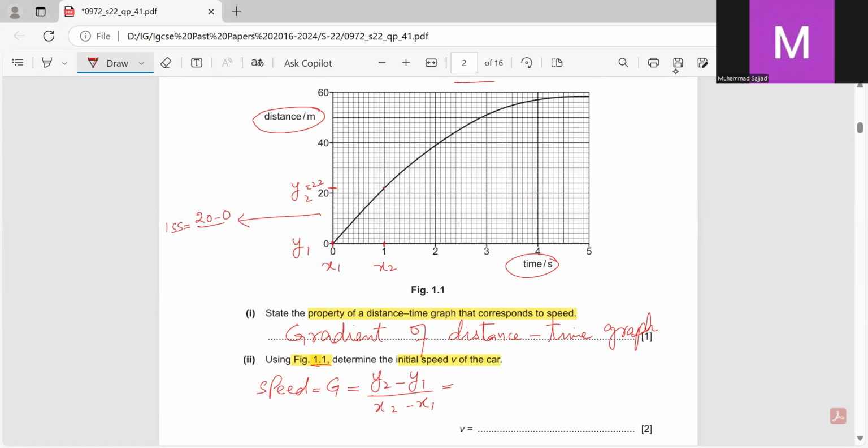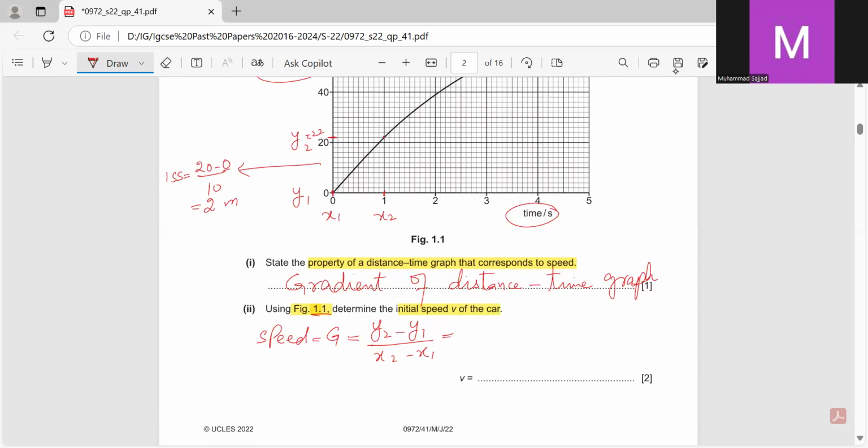To save time, even 60 minus 0 can be done, but you have to count a lot of squares, and it will take a lot of time. We don't have extra time to waste in this paper. So each small square is equal to 2 meters. That's why 20 plus 2, 22.